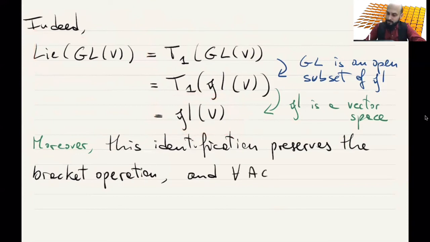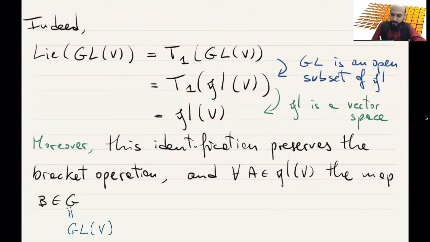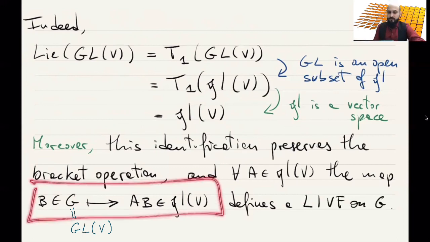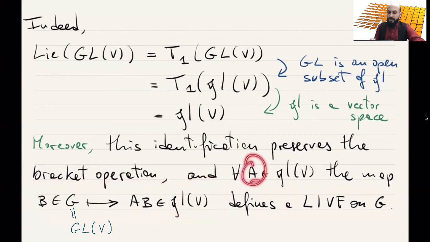For all A in GLV, the map that for each B in G associates AB, this is an element of GLV, this map defines a left invariant vector field on G. Okay, so check that this rule gives a left invariant vector field on G. And after that, just check that bracketing the two vector fields of this form is the same as bracketing elements A and A prime in this Lie algebra.